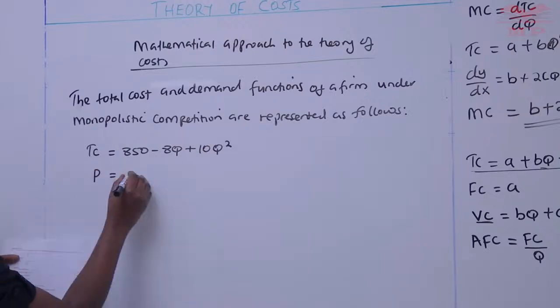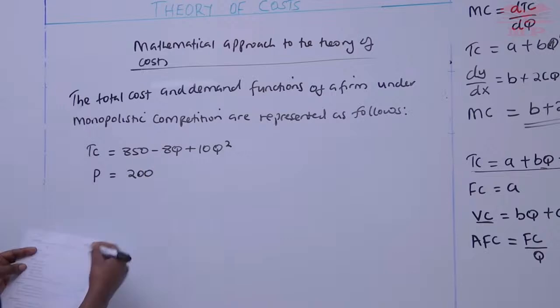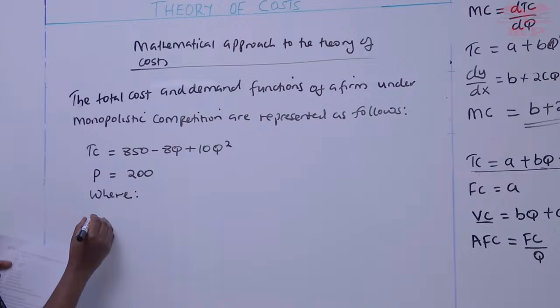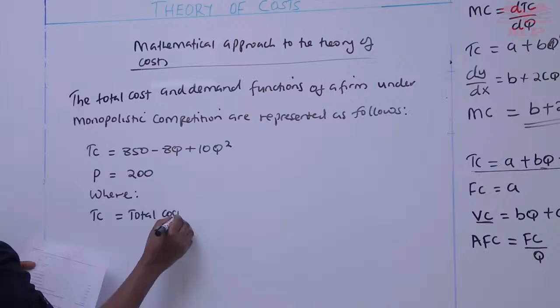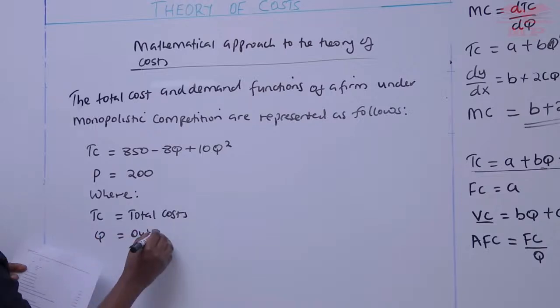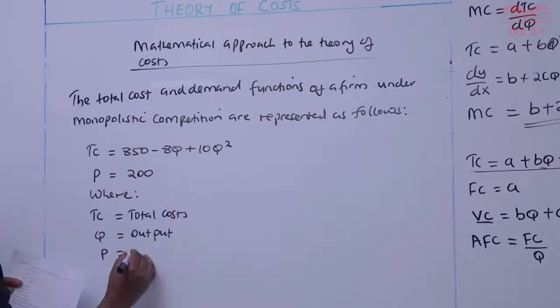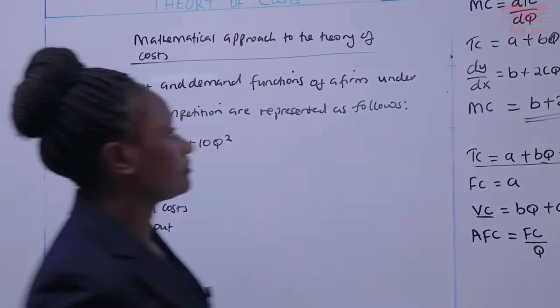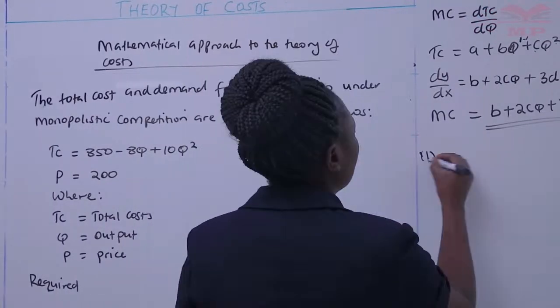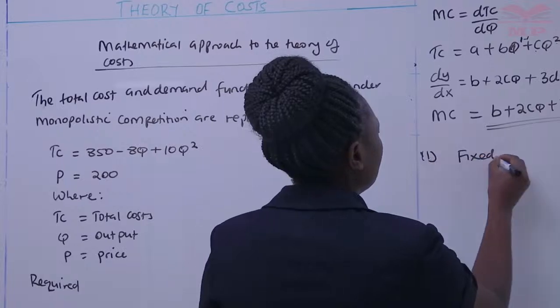P equals 200, where TC equals total cost, Q equals output, and P equals price. Then required: part one of the question, the fixed cost function.